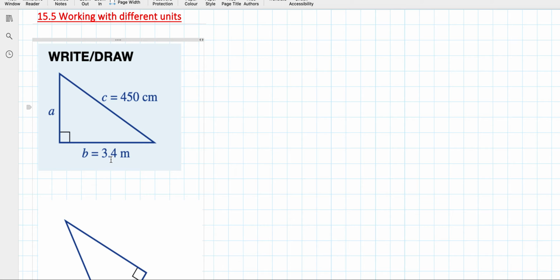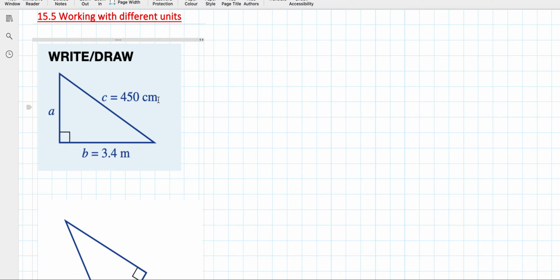Now, every time that you have a Pythagoras problem, or any measurement problem for that matter, and you have different units, like you can see here that I have centimeters and I have meters, I recommend that you always go to the smallest of all sides. So you know that centimeters is the smallest. So what I'm going to do is change this one, that is 3.4 meters, into centimeters, unless the problem asks you to give the answer in meters.